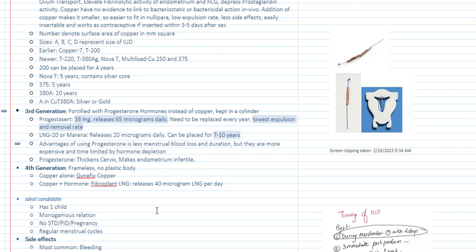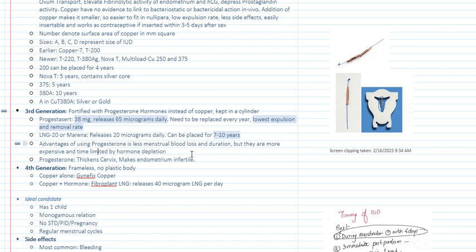Fourth generation, they are frameless, have no plastic body, so sometimes they can only contain copper, like this, copper only, or they can contain hormone also. So what is the ideal candidate for IUCD? So IUCD is a long-term temporary contraceptive.